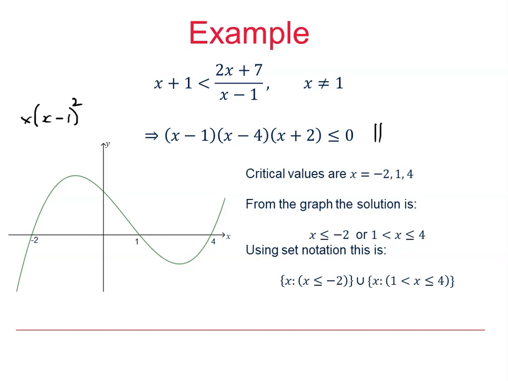We can solve that by looking at the graph or by drawing up a table of values, and what is vitally important is that we check these critical values very carefully, so that although the graph would seem to indicate that 1 is included, it's not, because we can't have x is equal to 1 in our inequality. For the graph, the polynomial there, that's fine, but for the initial inequality it isn't. So therefore we must be very careful not just to take the points from the graph, but to think back to the original question.